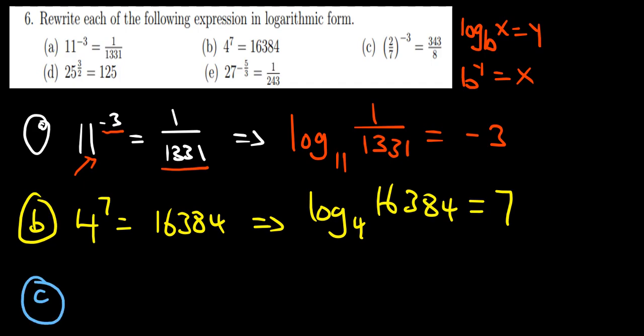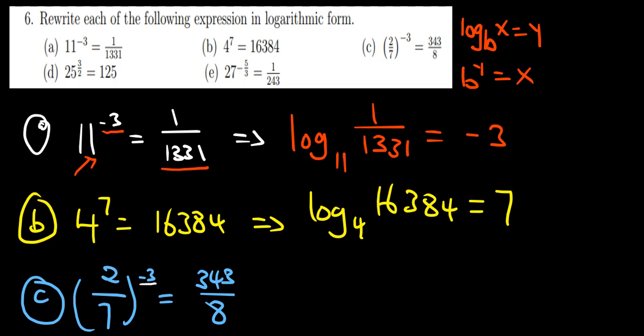C, we have that 2 divided by 7 to the power minus 3 is equal to 343 divided by 8. Okay, so we see that the 2 over 7 there will be our base, the minus 3 will be our answer, and then the 343 divided by 8 will be what is in the middle.